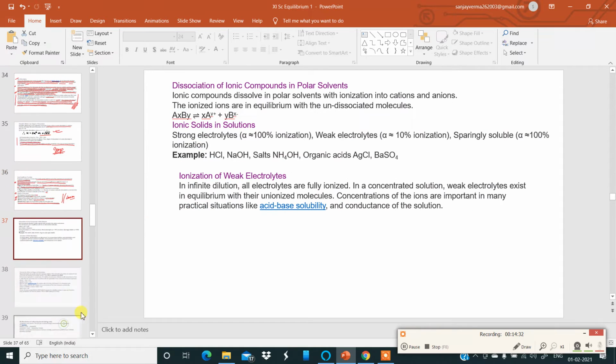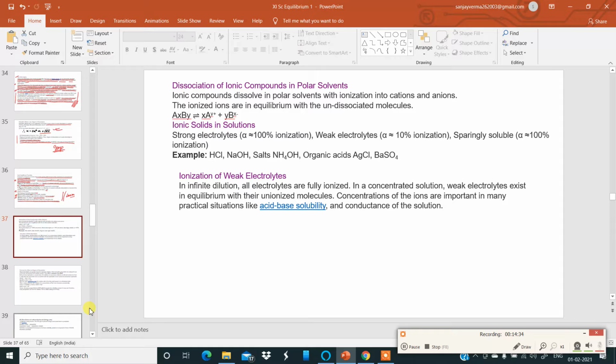Then we have dissociation of ionic compounds in polar solvents. One example of a polar solvent is water. Ionic compounds dissolve in polar solvents with ionization into cations and anions. The ionized ions are in equilibrium with the undissociated molecules. You can have a look at the illustration: AxBy reversibly produces cations and anions as represented.